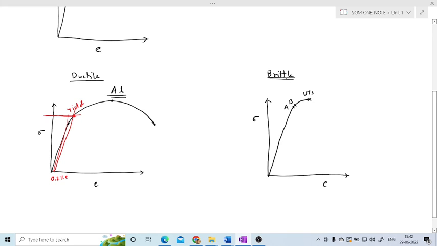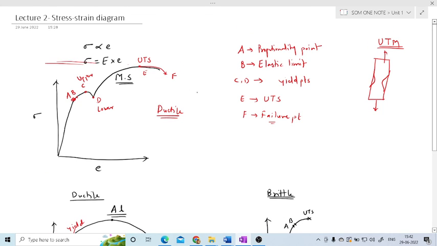Okay, so this is the diagram for brittle material, and this one is for ductile material. This diagram is normally called the stress strain diagram, but it is actually of mild steel. Now if anybody asks about the stress strain diagram, then you have to draw this diagram and explain all these points. Okay, thank you.